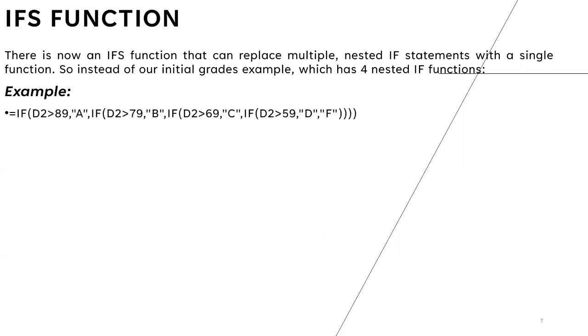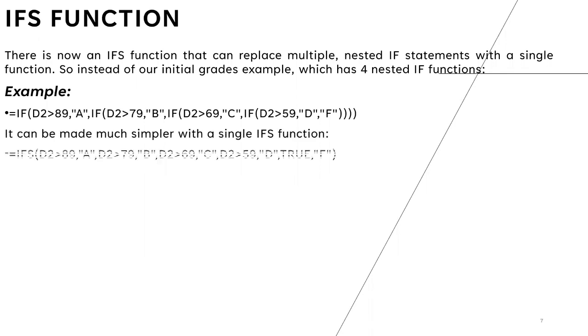Now, there is a new function introduced in Office 365, that is ifs. So ifs is nothing but a replacement for multiple if functions. If you write the if function like this, 1, 2, 3, 4, we have to write the function if 4 times.